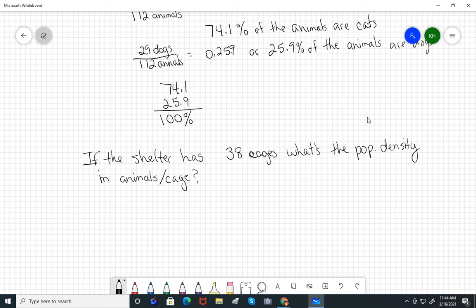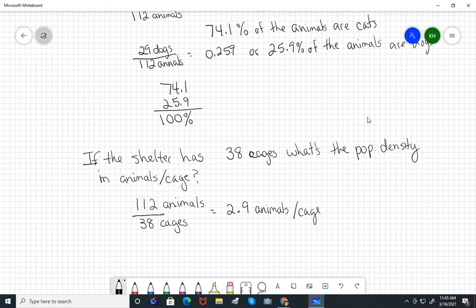In other words, we have a total of 112 animals. Remember, sometimes kittens and puppies share cages with each other or with their parent, and we have a total of 38 cages. That tells us that on average, there must be 2.9 animals per cage, or about 3 animals in each cage.